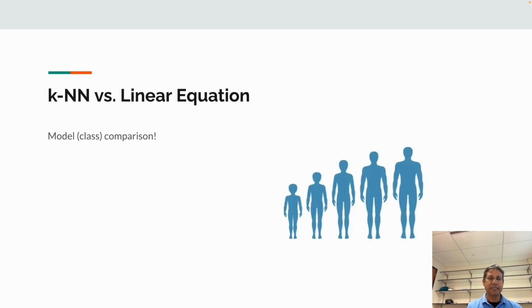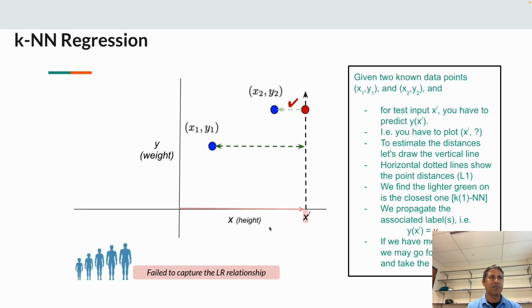Now the question is, which model is better? So let's compare. It is already known that height x and weight y have a linear relationship. So if x increases, y should increase, as you can see from this figure. If your height is higher, you expect that your weight will be higher.